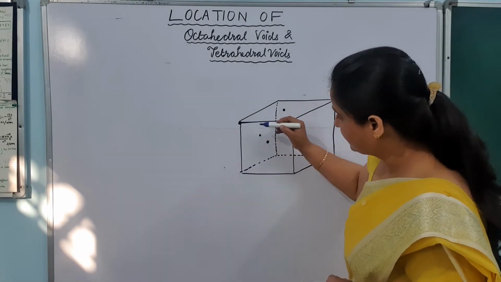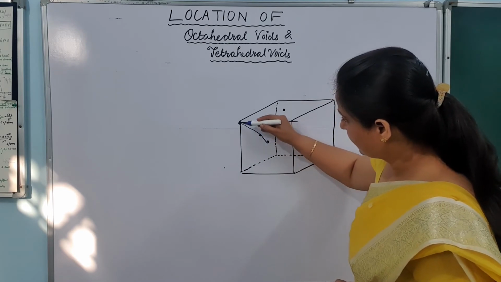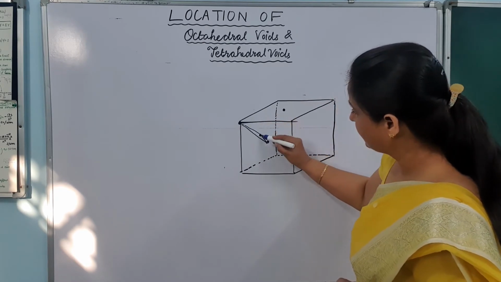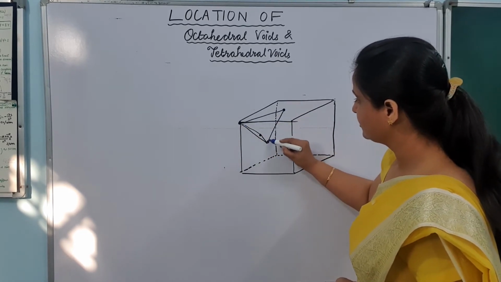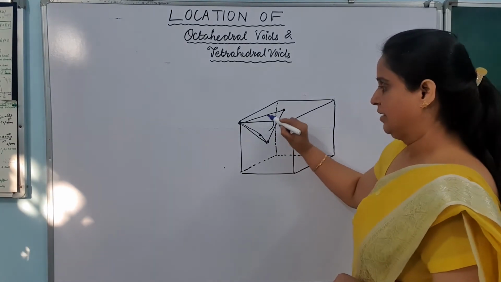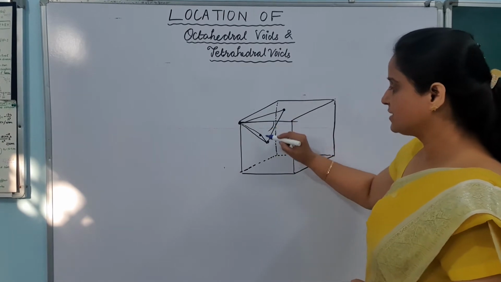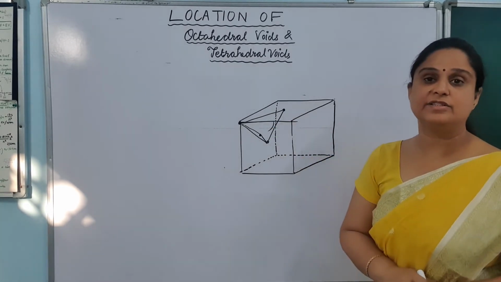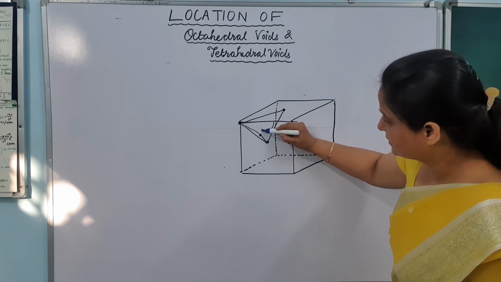So here we have 3 atoms. Can you see them? 1, 2 and 3 atoms, and this is one ball. So this is your tetrahedral void created here between 1, 2, 3 plus 1 balls. So this is the location of tetrahedral void, where it is lying actually.